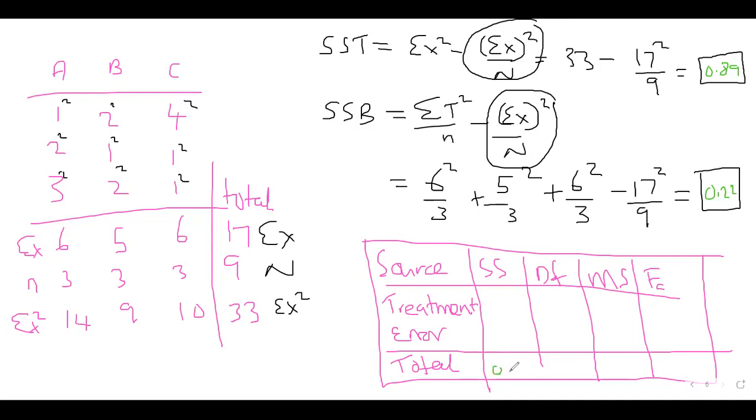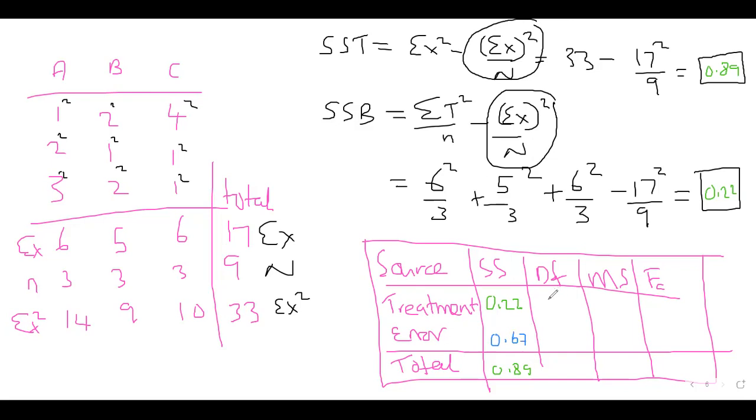Here put 0.89, 0.22. The treatment is the same as what? Between. How do we get the difference here? Subtract. 0.67.